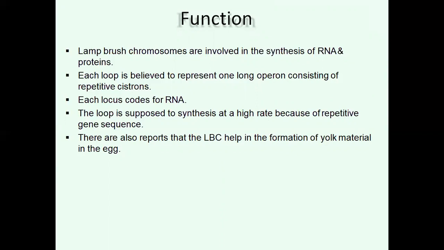Each locus codes for RNA. The loop is supposed to synthesize at a high rate because of repetitive gene sequences. That means GC or AT rich nitrogen base sequences are present in this locus.